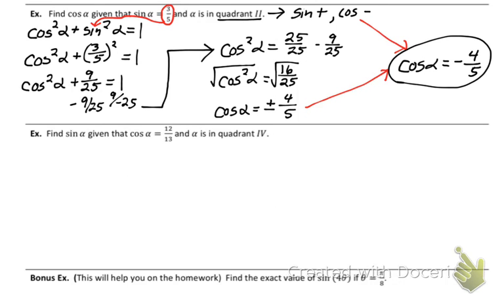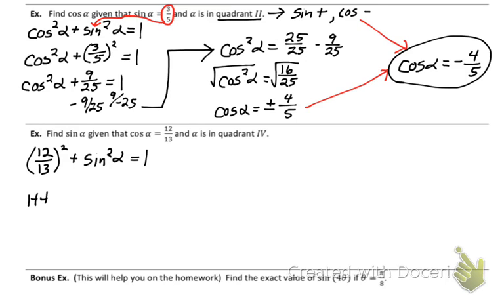Actually, scratch that. I'm just going to rush through the next one just so you have another example. I'm going to talk it through really quick because I do have 2 minutes. So I know what cosine is. Our cosine alpha equals 12 over 13. So I'm going to say 12 over 13 squared plus sine squared alpha is going to equal 1. Well, now it's just algebra.